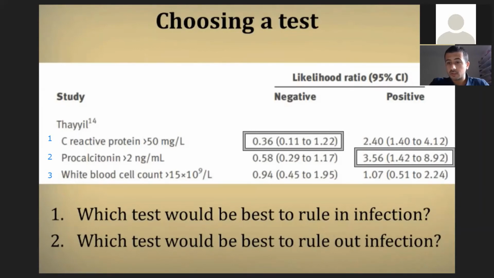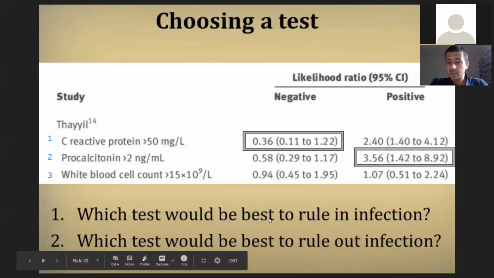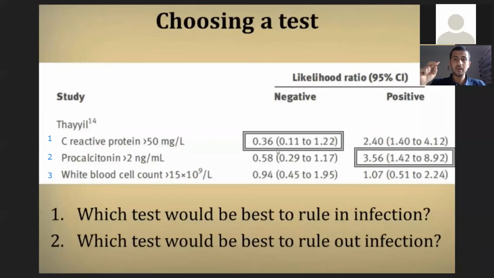So those are the numbers we need to take into consideration. Remember that in this way we know that not both tests are the best for each side of the decision. Sometimes I would prefer the CRP, and sometimes I would prefer the procalcitonin. Why?